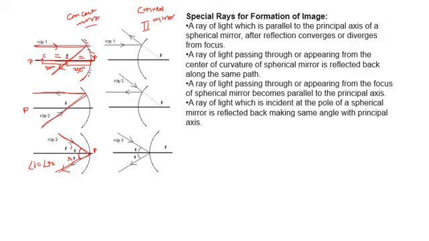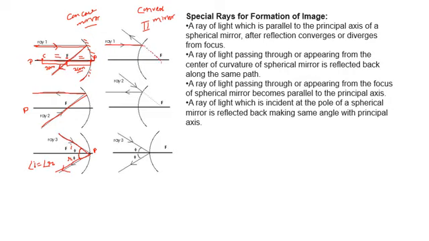So in case of convex mirror, here also when a ray of light is parallel to the principal axis, okay, after reflection, it appears to go through the focus. After reflection, it appears to go through the focus.